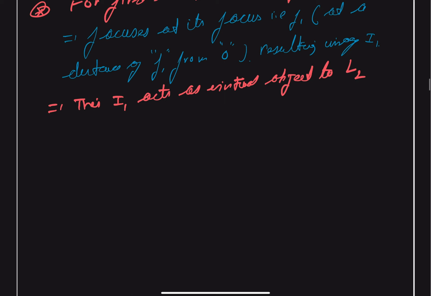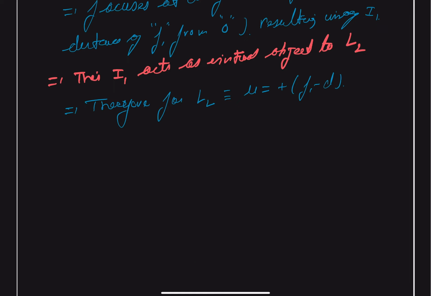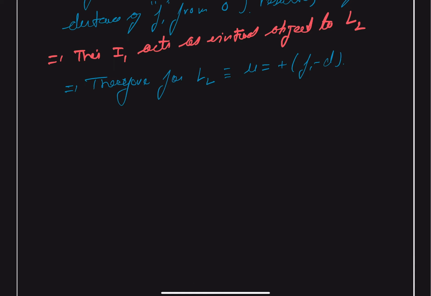Therefore, for L2, the object distance u will be equal to plus f1 minus d, and its focal length will be plus f2.